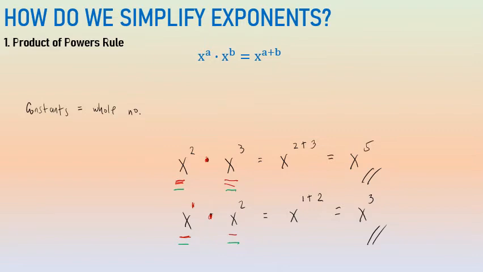Example, what if we have 2 cubed multiplied by 2 squared? Yeah. So again, take note. We have two same bases here, which is 2. For this example, we have two same bases multiplied with each other. So what we have to do here, class, is, again, product of powers rule, copy the base, then proceed to the addition of the exponents.